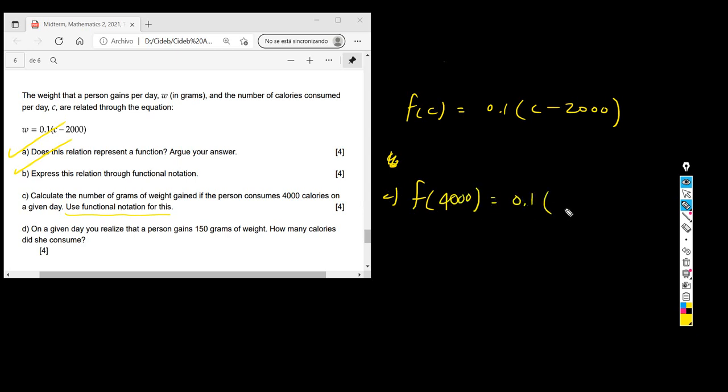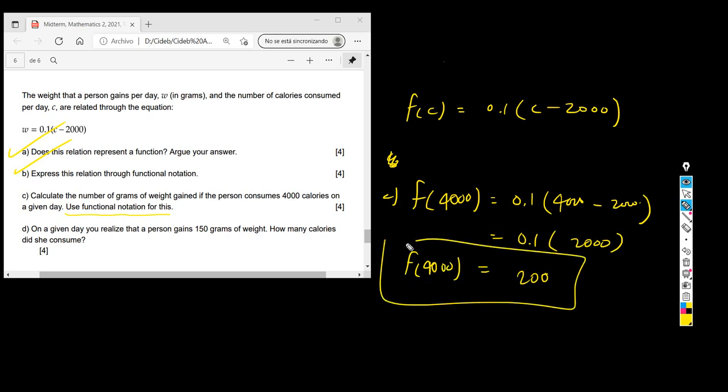So basically, you just had to do this: 4,000 minus 2,000. That's it. This is 2,000 times 0.1. That's 200. So F of 4,000 equals 200.